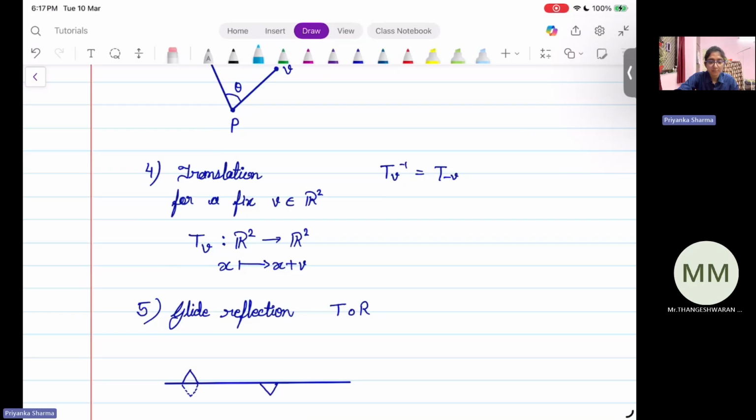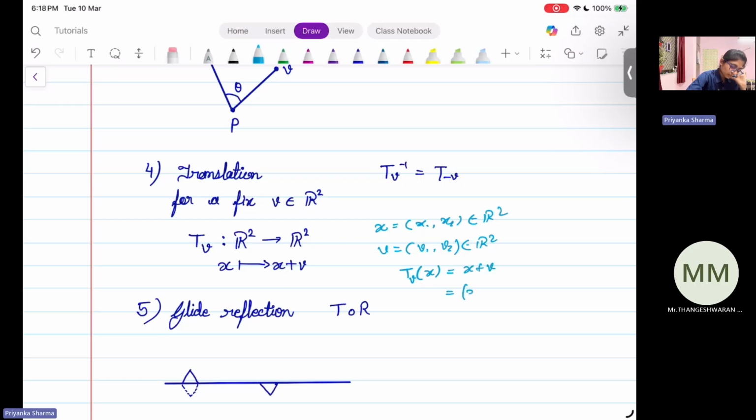It maps every element X in R square to X plus V, that is, we add V to X. Obviously X is, say, x1 and x2 in R square, and V is v1 and v2 in R square. Whenever we want to find the translation of X with respect to V, it will be X plus V.